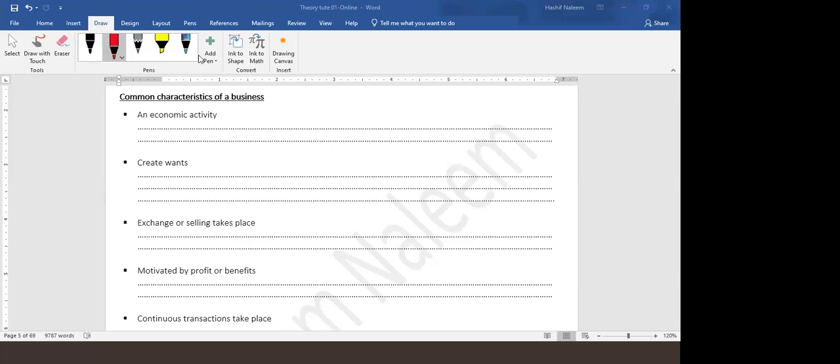And finally, what's the final activity? Our KFC example which we took: what will consumers do when they purchase those chickens? Will they keep them in their showcase? Consumption. So those four activities should be there: production, distribution, selling, and consumption. Then only it will be an economic activity. So economic activity is a characteristic of a business.